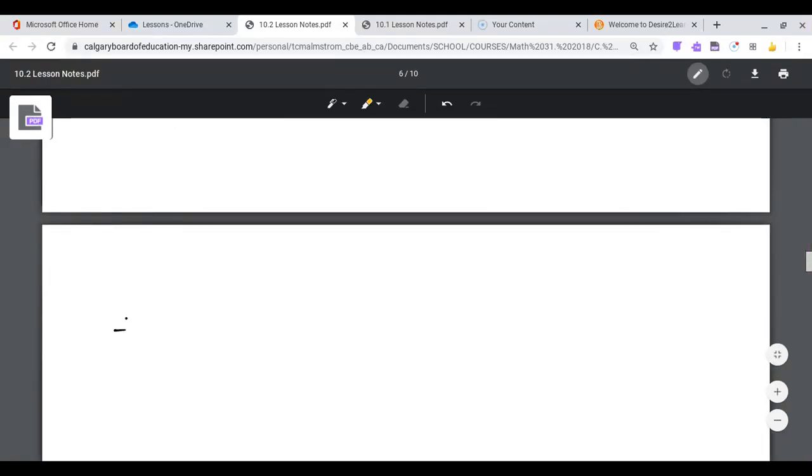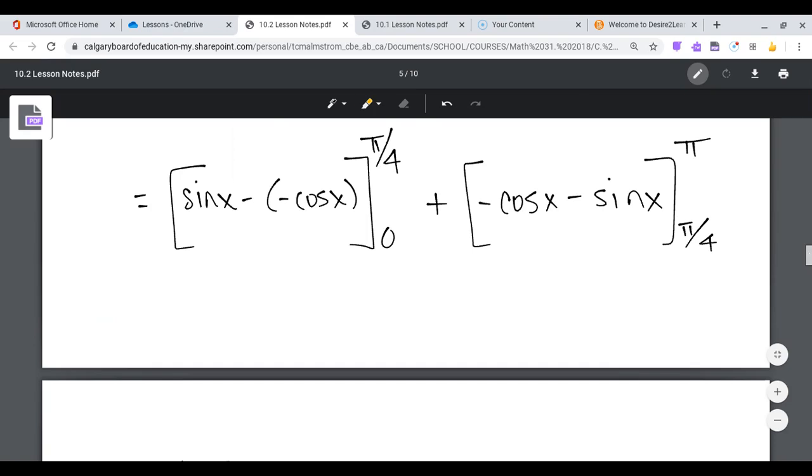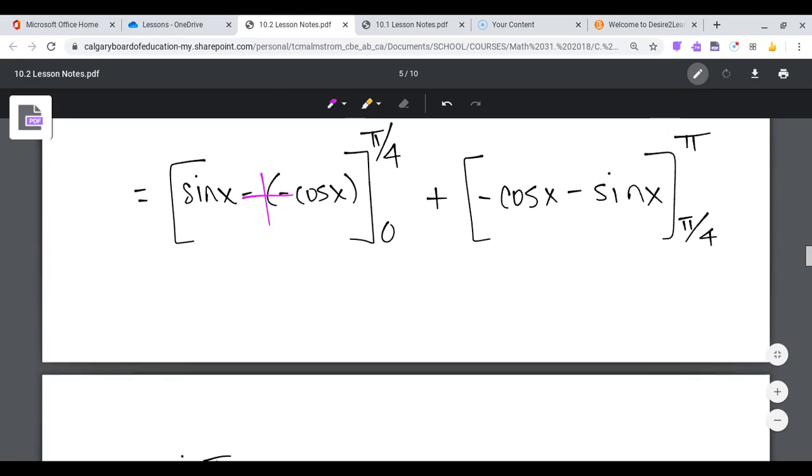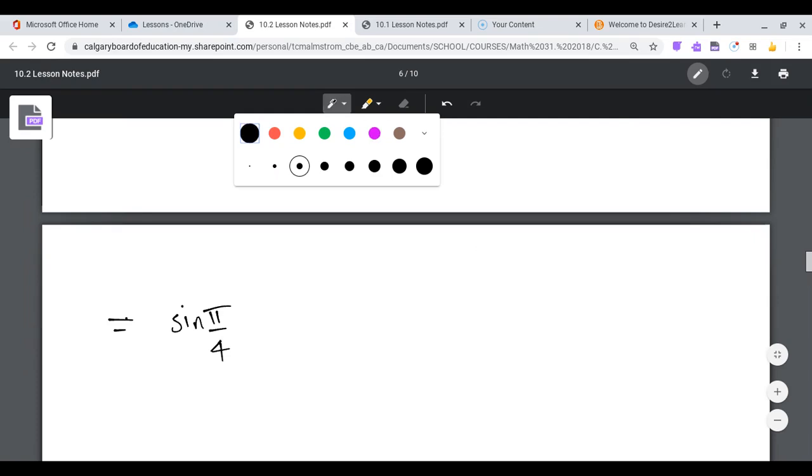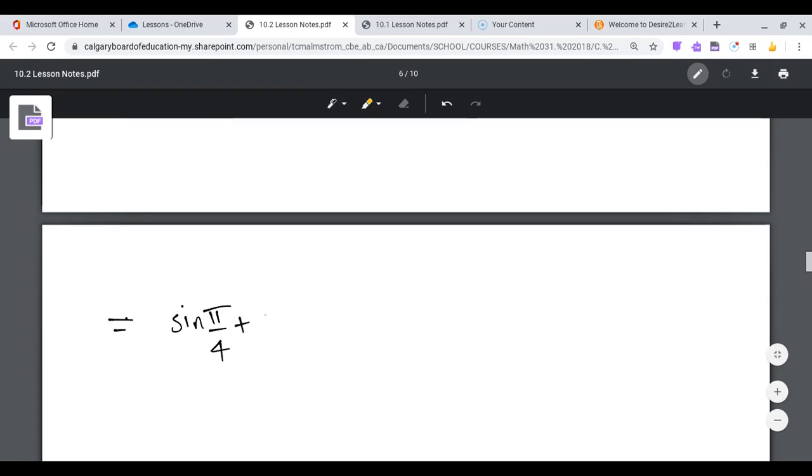Okay, so we have that this is equal to sine pi on 4. I could make those two negatives become a positive, just to tidy this up. So sine pi on 4 plus cos pi on 4, subtract sine 0 plus cos 0.